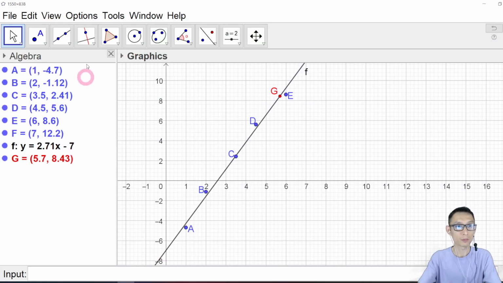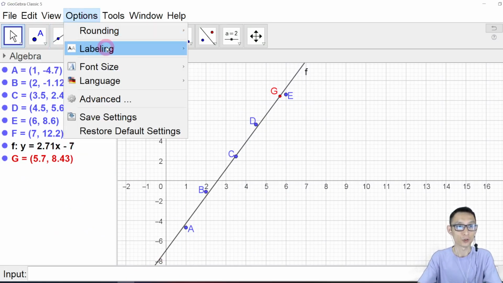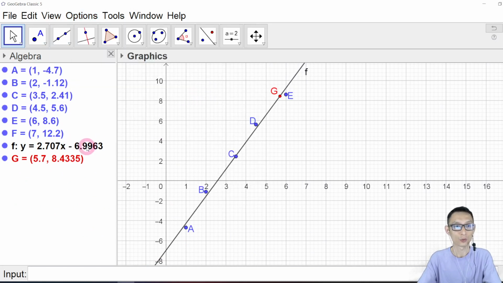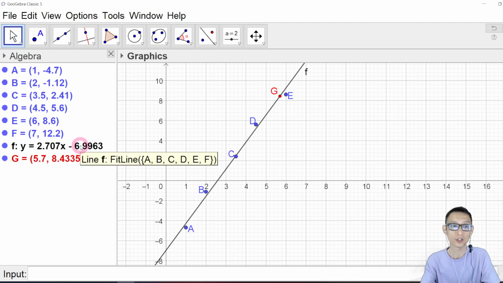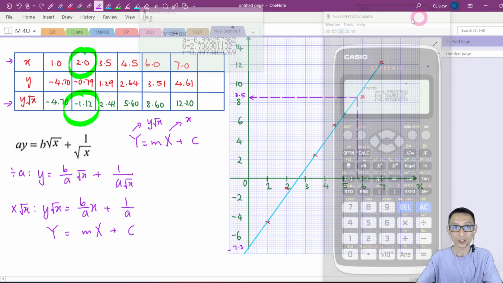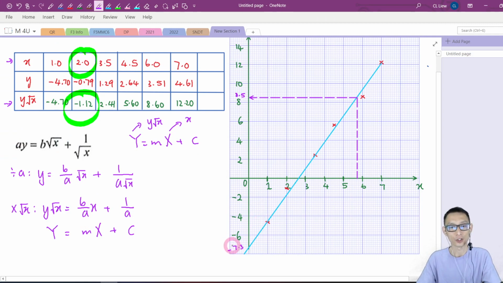Here also -7, but this is already rounded off. If your graph is really close to the answer given, it should be -7. Anyway, I will use the answer that I got here to explain to you.